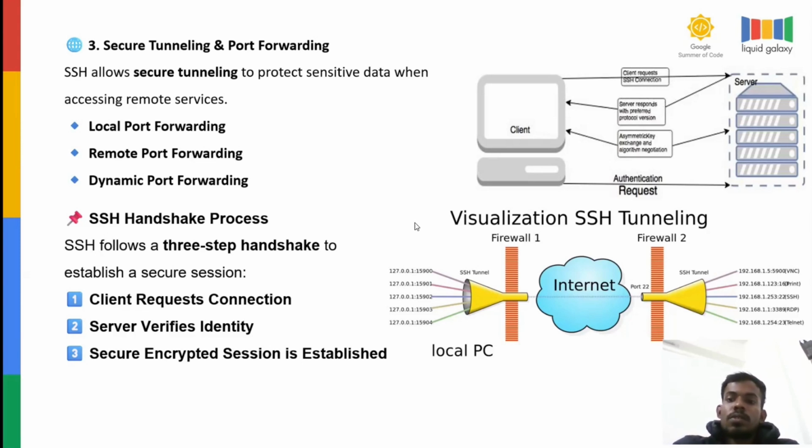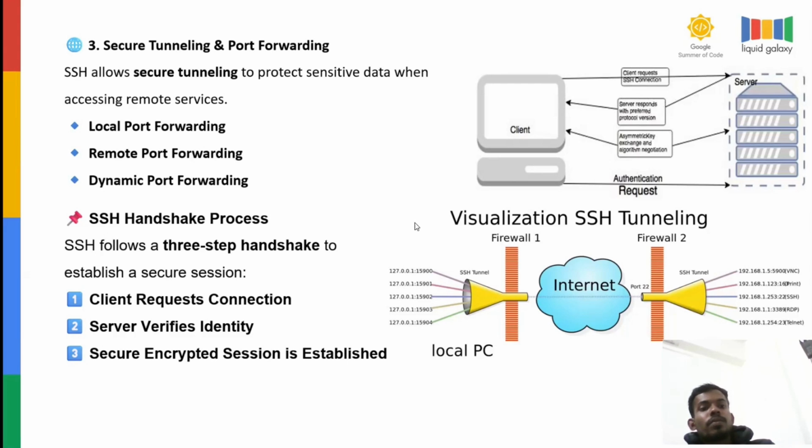The third one is dynamic port forwarding, which works like a flexible gateway. It securely creates a method for routing traffic through the SSH server. These methods help access blocked websites, protect sensitive data, and securely connect to remote services.